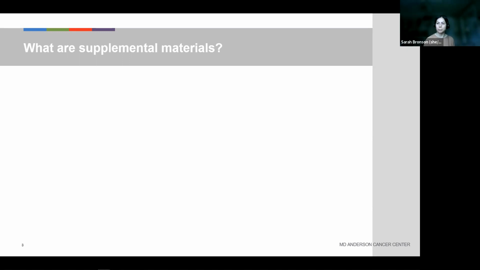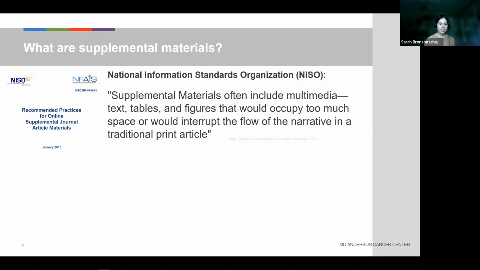It depends, but there have been a couple of stabs at it, most notably from a guideline published by the National Information Standards Organization, which says that supplemental materials often include multimedia, text, tables, and figures that would occupy too much space or interrupt the flow of the narrative in a traditional print article.